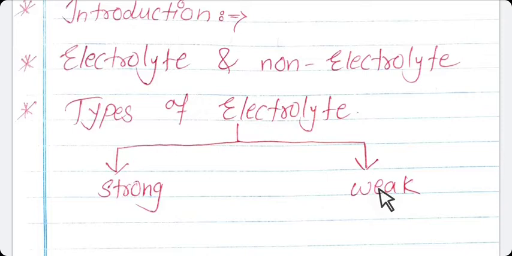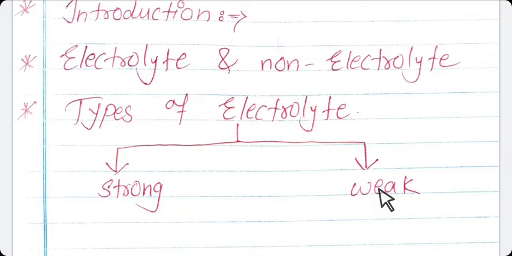For example, weak acid and weak base. The weak electrolyte dissociates only partially in aqueous solution. Strong electrolyte dissociates completely. Weak electrolyte dissociates partially.